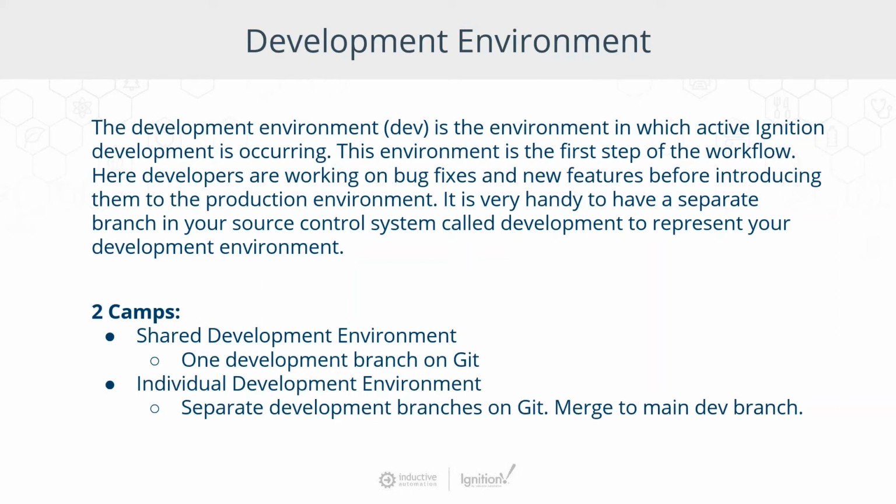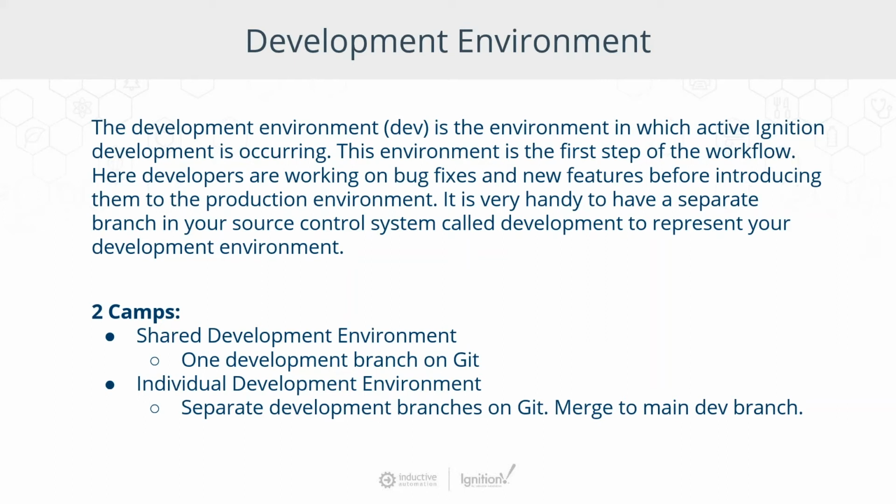So having them separated, when you're done with that piece of development, merging just what's needed to testing, then you can properly test that piece to know that you tested what you needed to, then, of course, moving that to production. So that's one camp. The other camp, of course, is where everybody has their individual development environment, meaning that they have Ignition on their laptop, they have the project loaded there, and they're making their own changes.